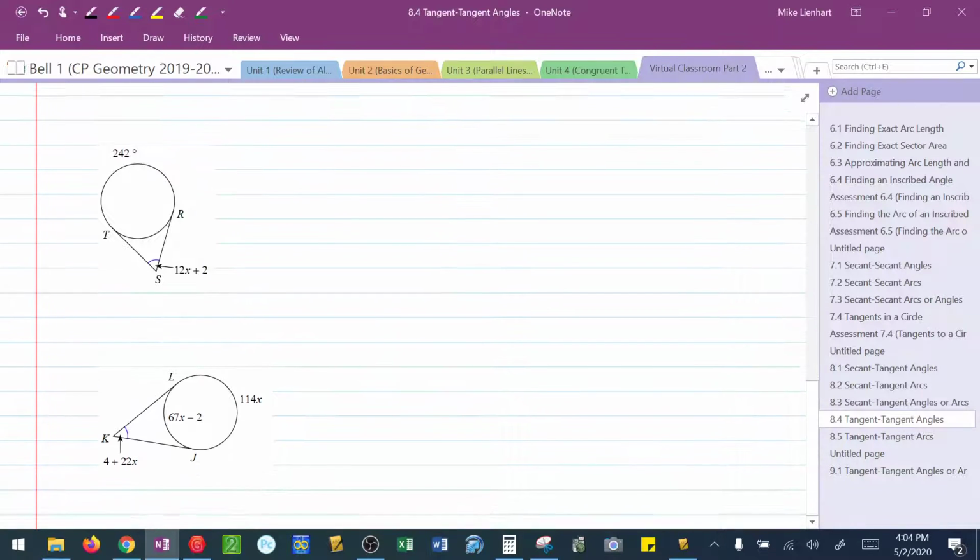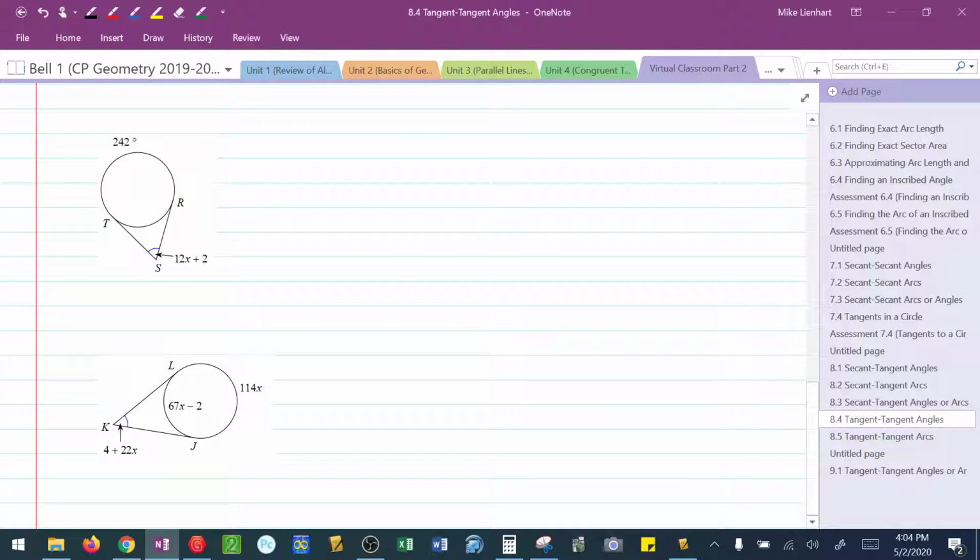Now let's bring some more variable expressions in. Don't freak out when all of a sudden you notice that the variable expression got a little bit bigger. And if you're looking at the next example, we've got variable expressions, it feels like everywhere. I still have to focus on knowing the pieces. Here's what I know. I know that the big arc here is 242.